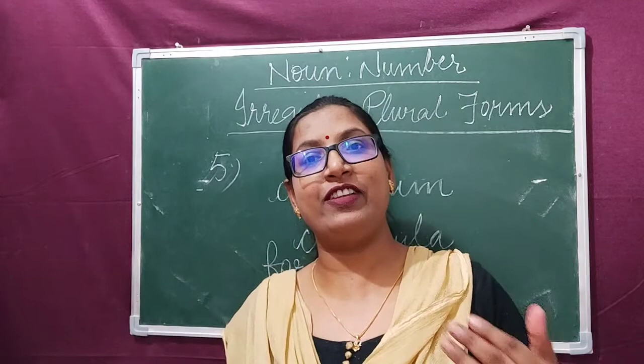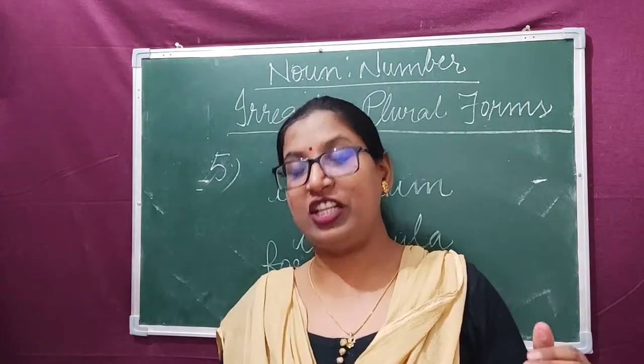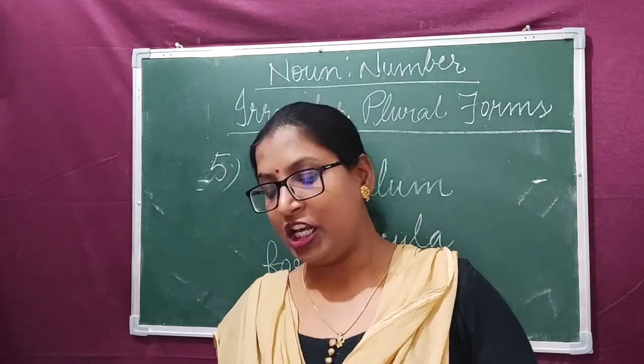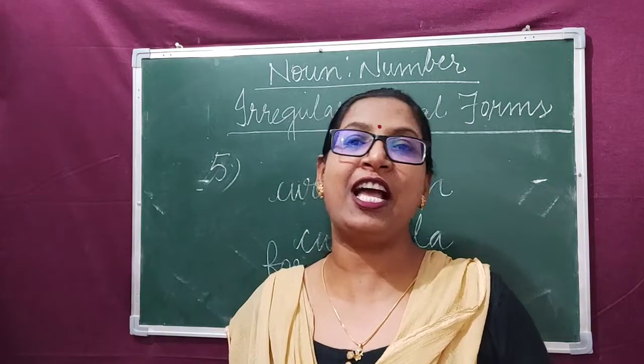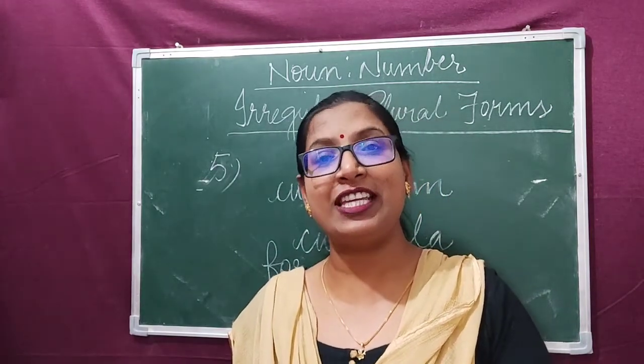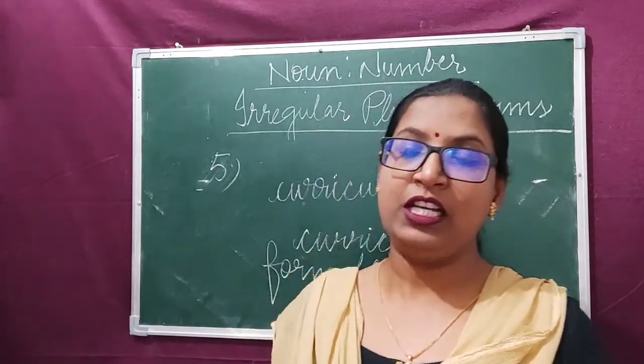Nationalities which are ending with ESE do not change in the plural forms. They remain the same in singular as well as in plural forms. For example, the nationality Chinese. It is ending with ESE, so it doesn't have its plural form. Clear?